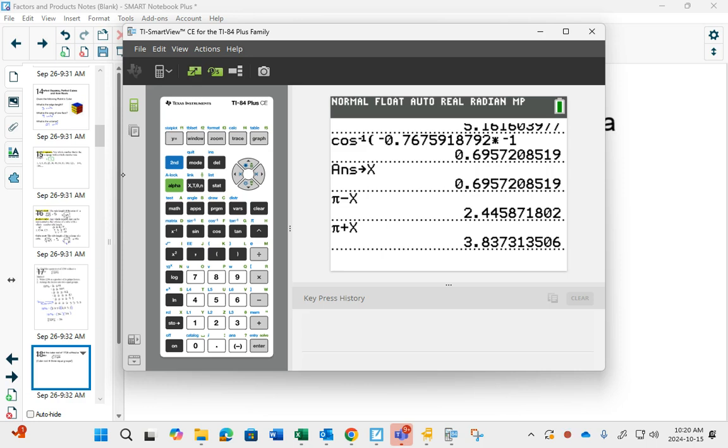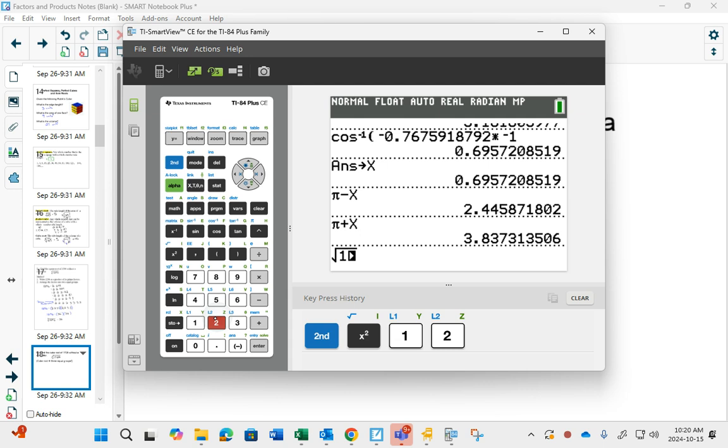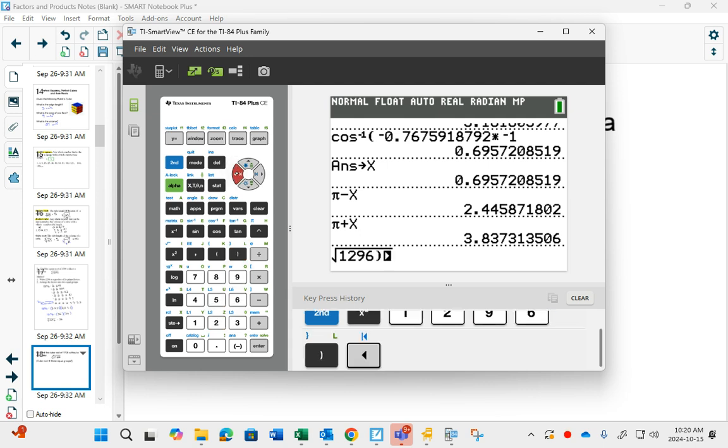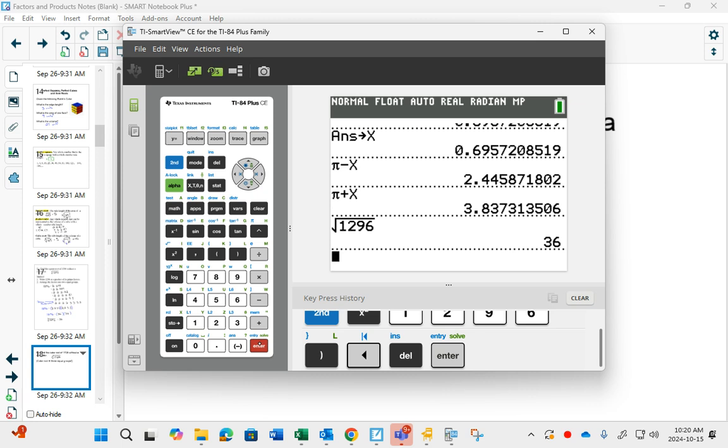The square root button is on my calculator, it's blue, which means I have to go second square root, and we can double check if we got that first one right. Square root of 1296, 36. Perfect.